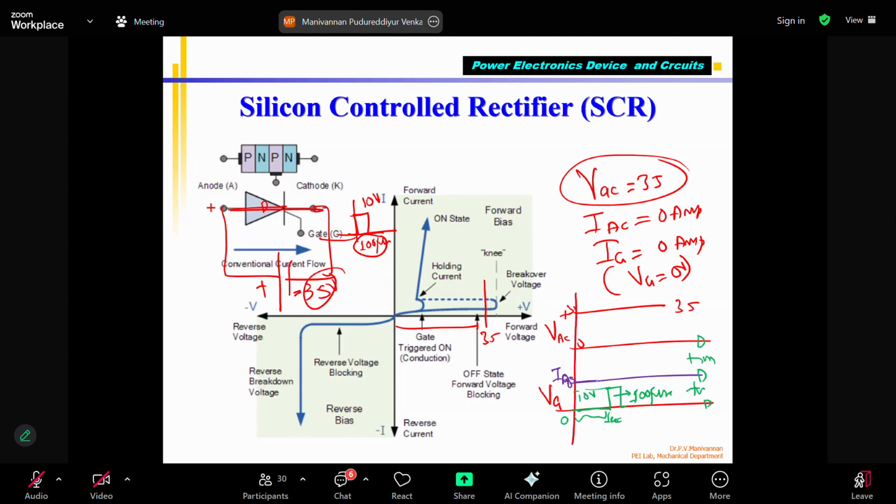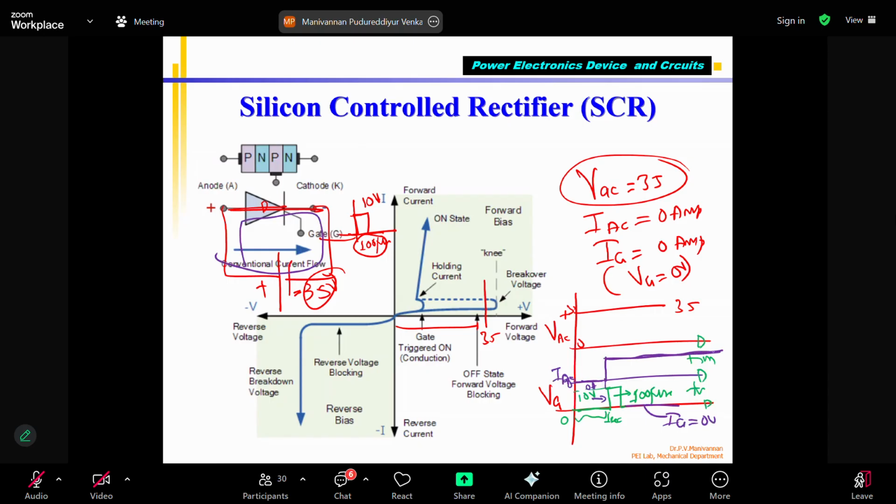Once I give it, you will see that immediately the current will start flowing. This is my IAC. Up to this point the current was 0 amps. Once I gave the pulse after 1 second, the current immediately starts flowing from anode to cathode. Please note that I gave the pulse only for 100 microseconds. After that, my IG has become 0, but the SCR will still be conducting.